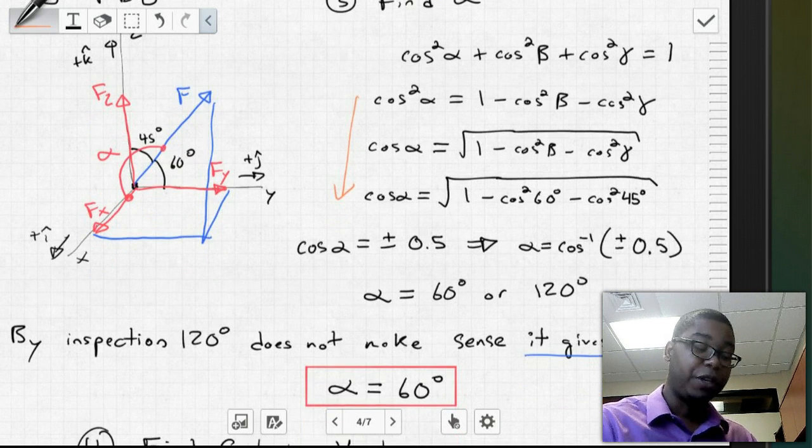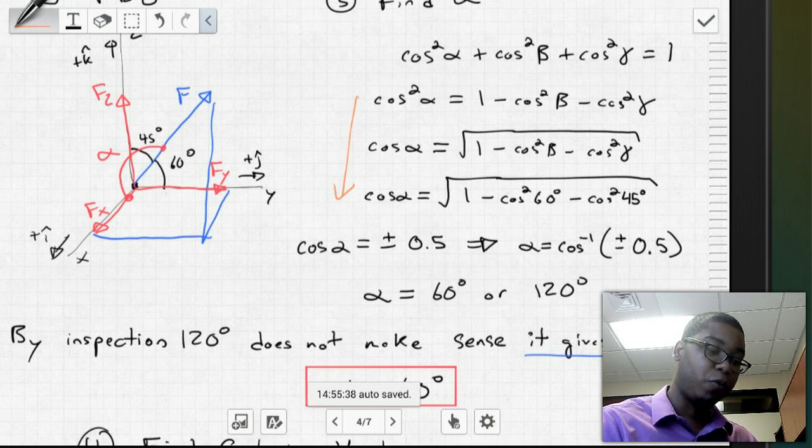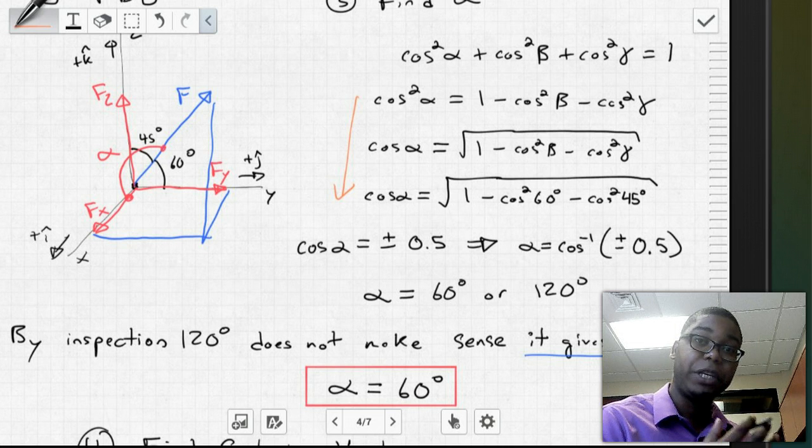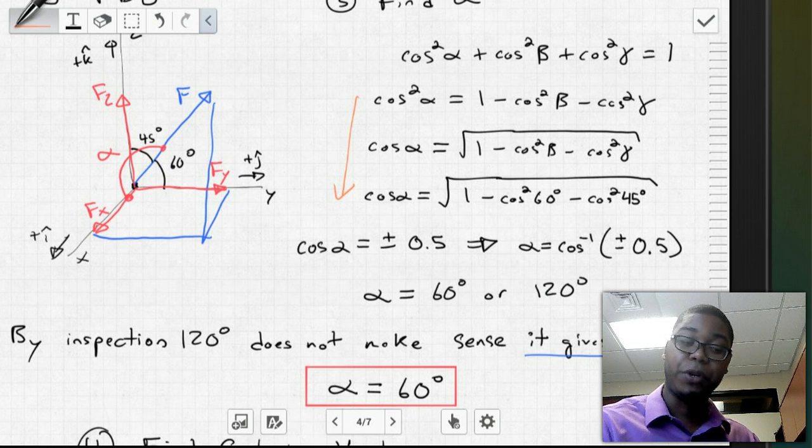So what we can do is by inspection, if we were to actually put the value of 60 degrees for alpha or the value of 120 degrees for alpha, we can visually inspect what type of result we would get. And by inspection, if we were to have an alpha which is 120 degrees, it doesn't make any sense.